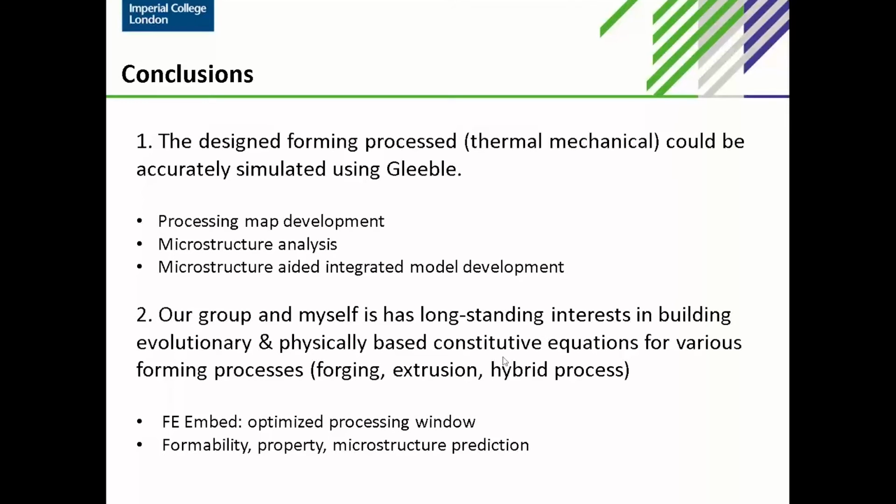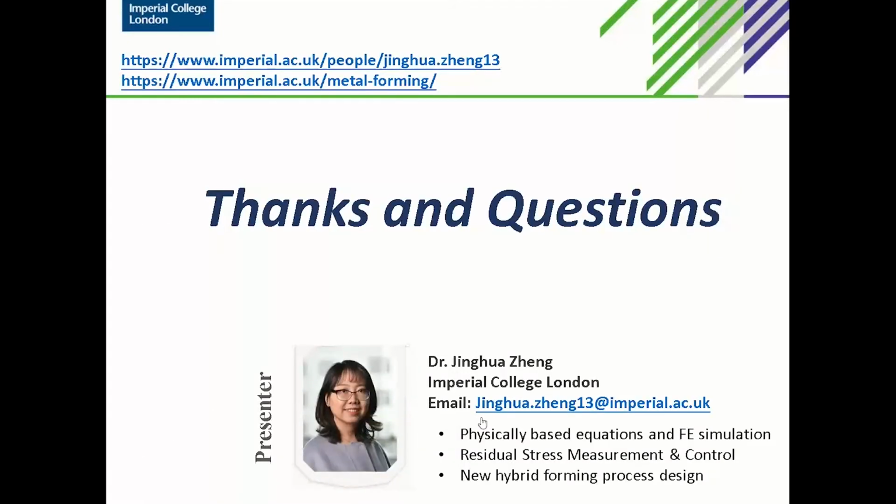The second conclusion is that our group and myself have a long-standing interest in building evolutionary, physically based constitutive equations for various forming processes. These constitutive equations could be embedded into the FE simulation to determine the optimized processing windows for the designed forming processes and able to predict the formability, property, and microstructure evolutions.